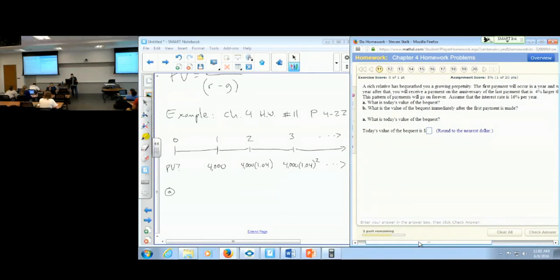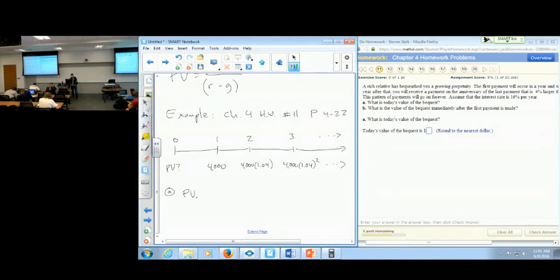So the first thing we're going to do is find the present value as of time period 0, today's value of the bequest. Right? So that's the cash flow divided by the interest rate minus the growth rate.